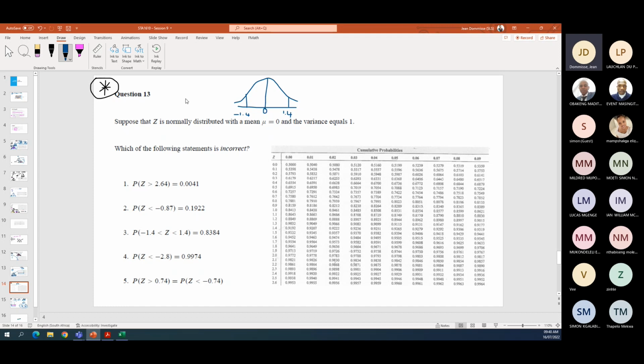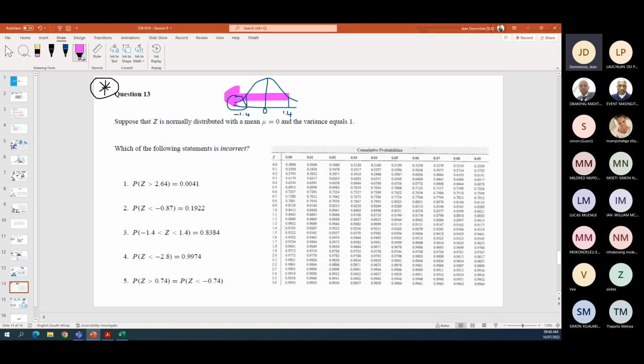If you look at the first table, the negative table will give us this value, the positive table will give us this whole value. So there's two ways you can do it.